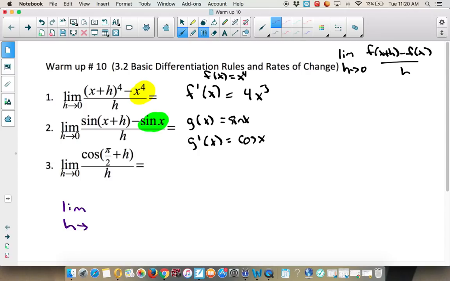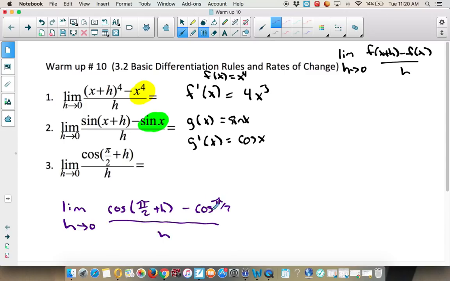Limit as h goes to 0 of cosine of pi over 2 plus h minus cosine pi over 2. That's where the x would be, but we're evaluating at that point, over h.